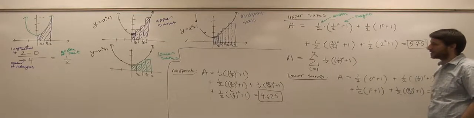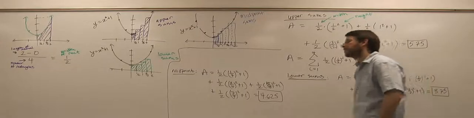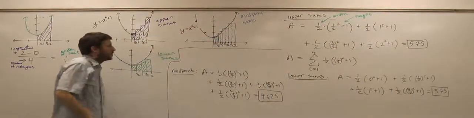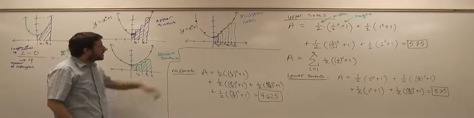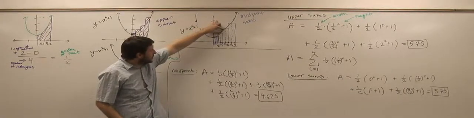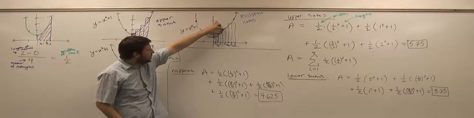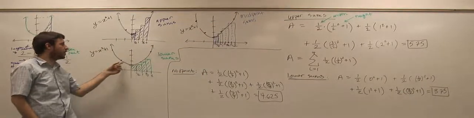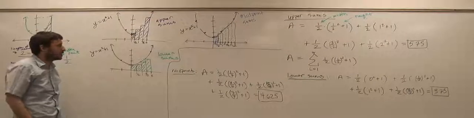Which one's going to be the best estimate? Midpoint, because you have a little bit of over area and a little bit of under area canceling each other out. This is a little bit over, this is a little bit under. Here, it's all under. Here, it's all over.